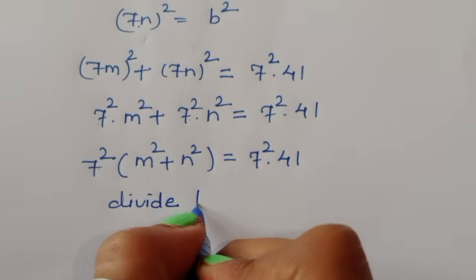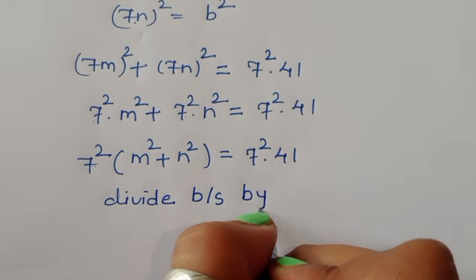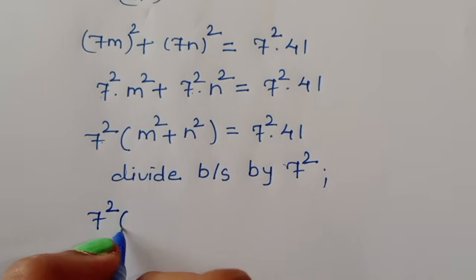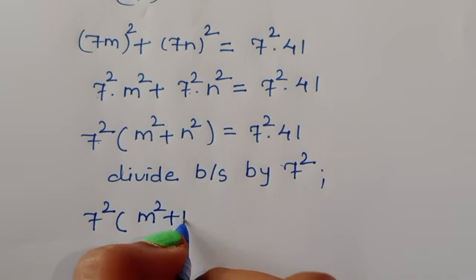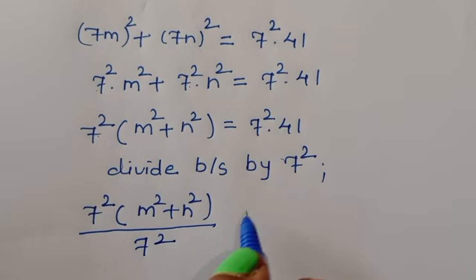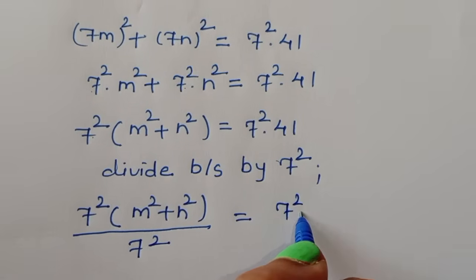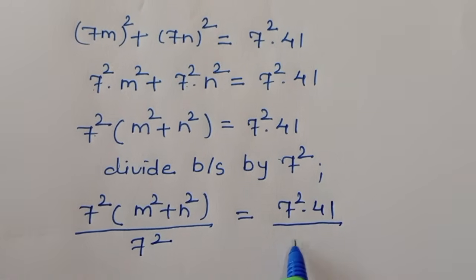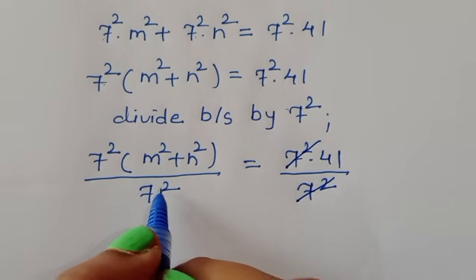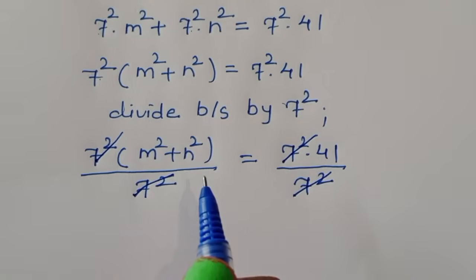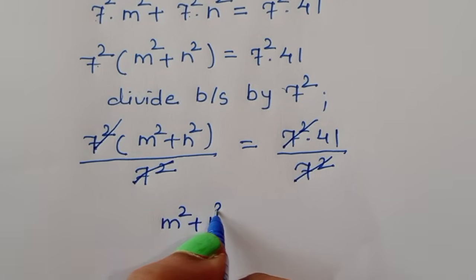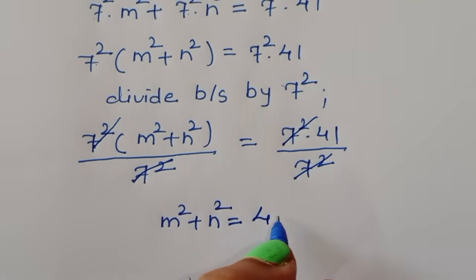The 7 square cancels on both sides, so we got m square plus n square is equal to 41, right?